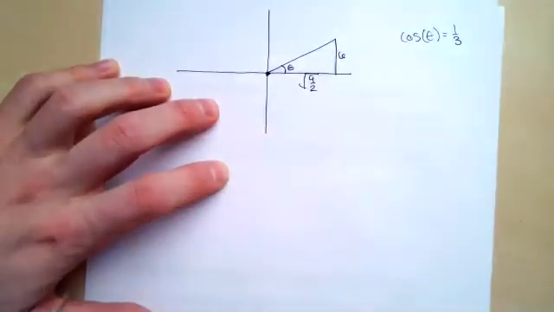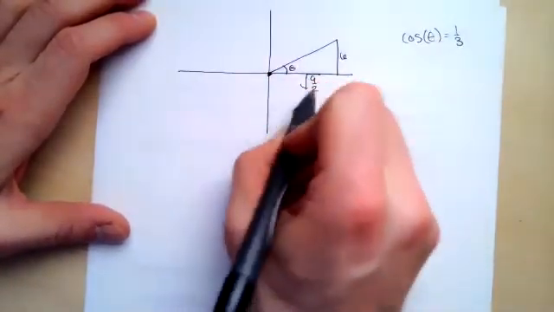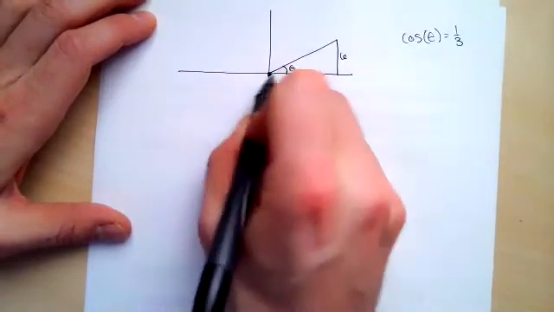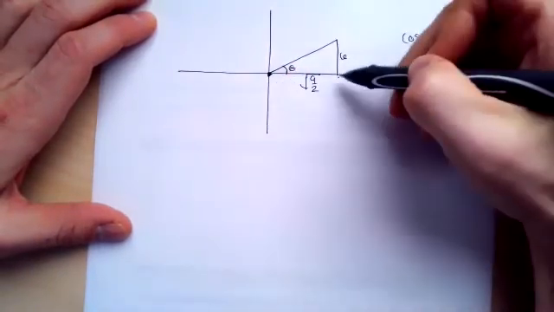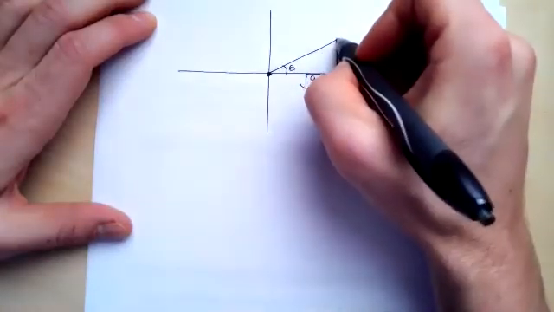I specifically label the sides as x and y because it lines up nicely with our coordinate frame. Here, x is positive because we're on the positive x-axis. Our 6 is positive, so we're going up positive 6.